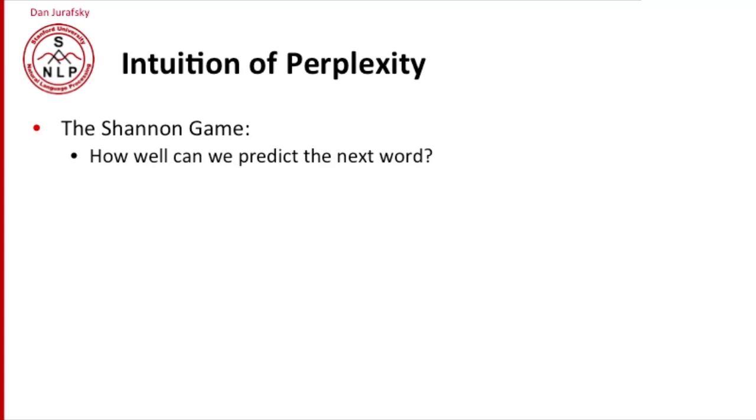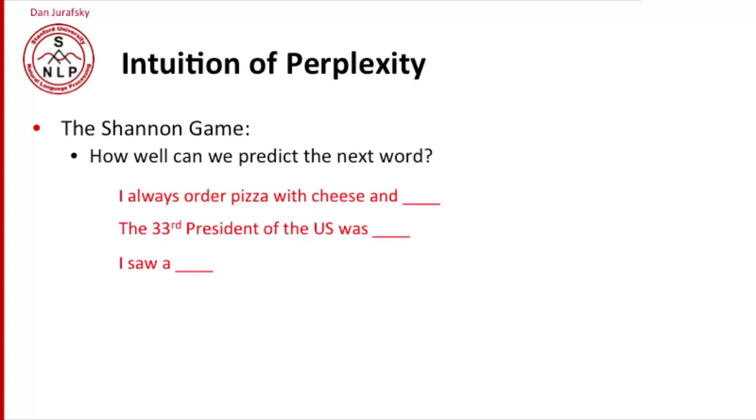And like many ideas in language modeling, this dates back to Claude Shannon. So Shannon proposed, among many other things, a game about word prediction. How well can we predict the next word? So for example, we've seen sentences like, I always order pizza with cheese and our job is to predict the next word.